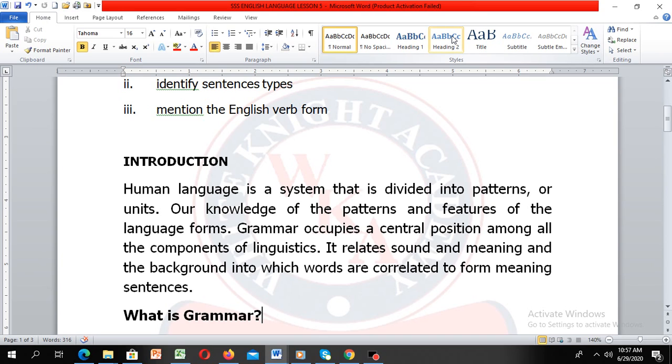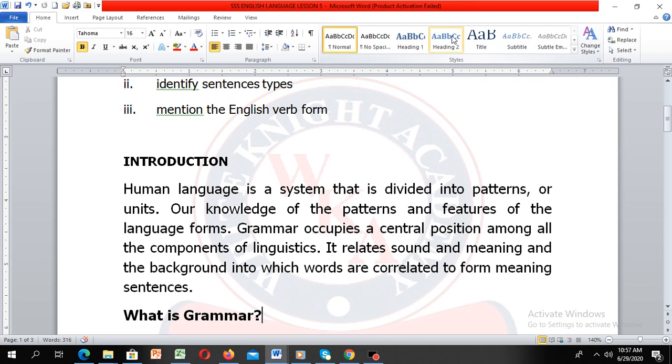We have human language as a system that is divided into patterns or units, and our knowledge of the patterns and features of the language forms. Grammar occupies a central position among all the components of linguistics. It relates sound and meaning and the background into which words are correlated to form meaningful sentences.